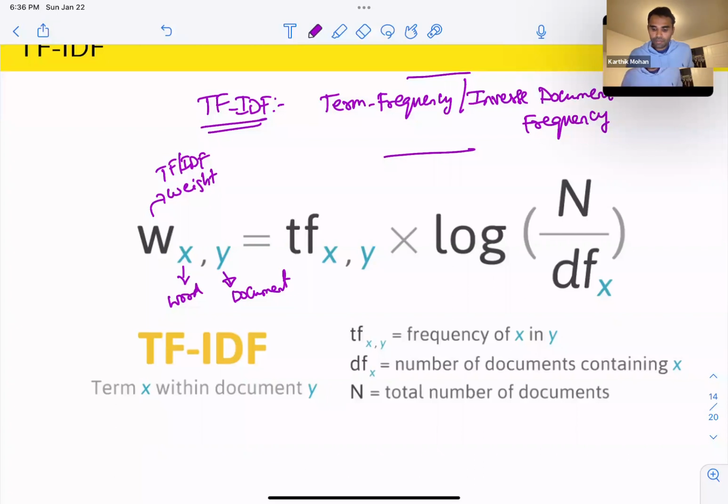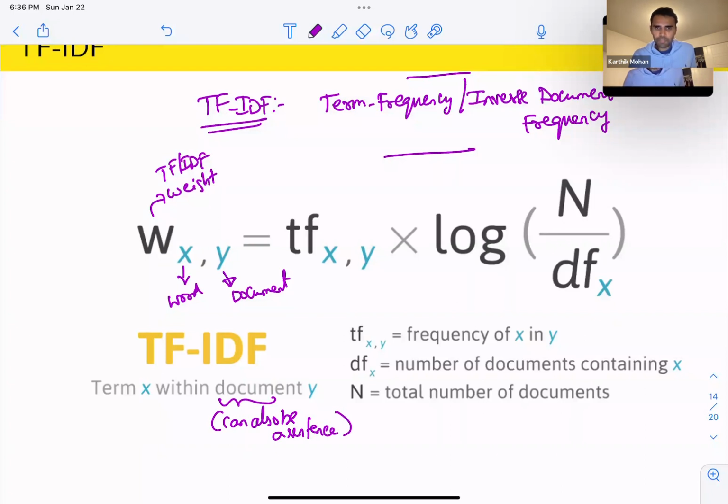So the term frequency is the frequency of a word showing up in a given document. Or this document can also be a sentence, right? And that's straightforward.